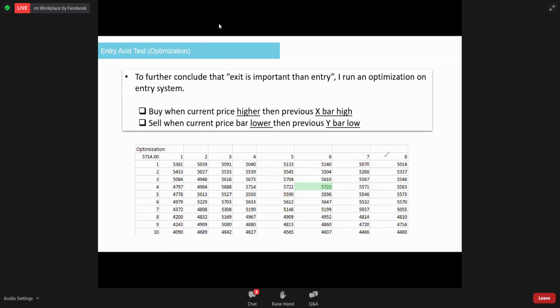The first line is the bar high, then this will be the bar low. So you're seeing 1 bar high, 1 bar low. It means 1 bar high to buy, 1 bar low to sell. Then the exit will follow 2 ATR take profit, 1 ATR cut loss. Then this is the result. So these are all the results of the combinations.